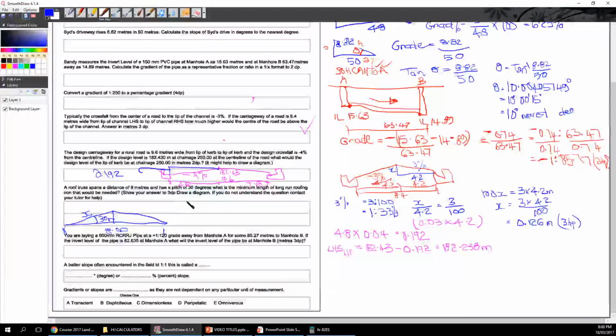So what we know is that that's a right angle triangle there. That there's H. This here is the adjacent, and we need to find that. So let's just go SOH CAH TOA.